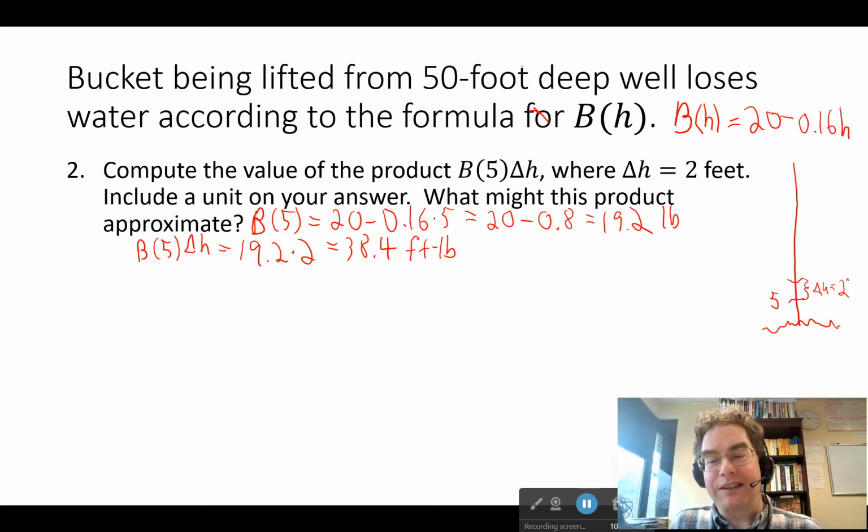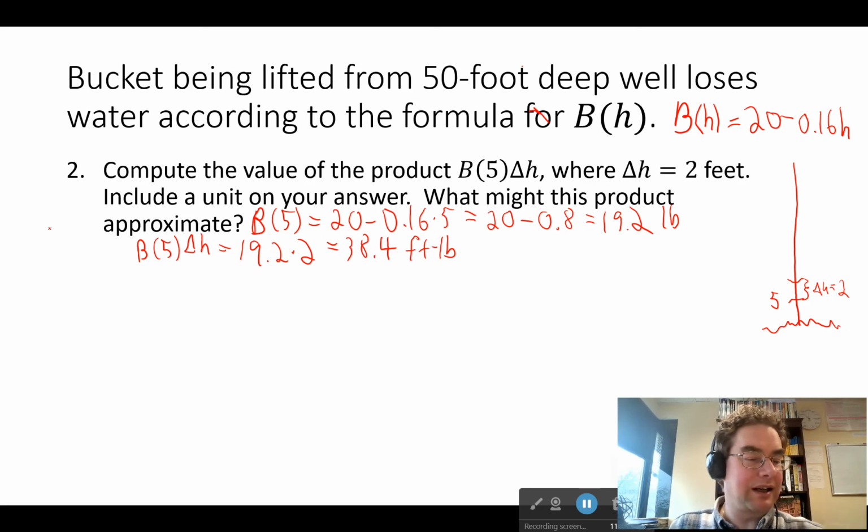it 2 more feet? Now you could go the other way with it and say it starts at 3 feet and we're lifting it up to 5. But let's just stick with one interpretation here to keep things a little simpler.